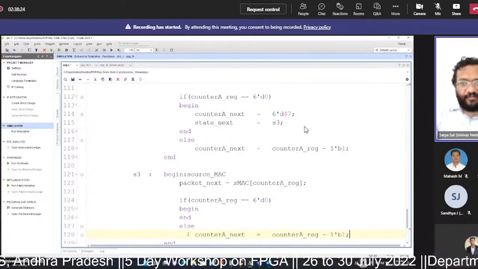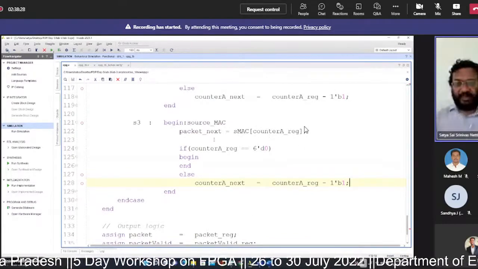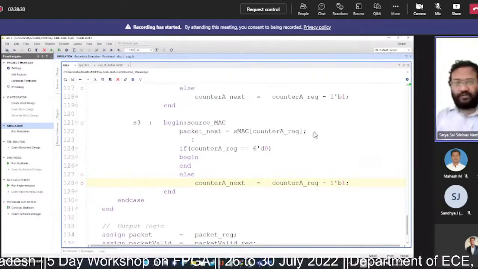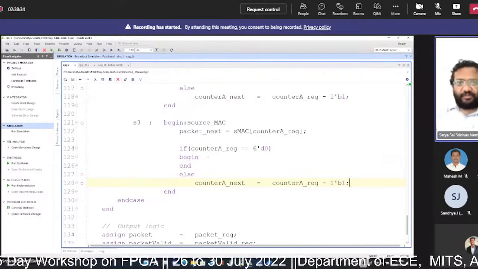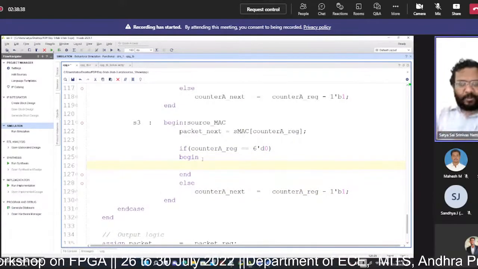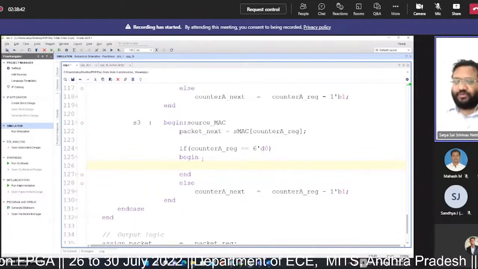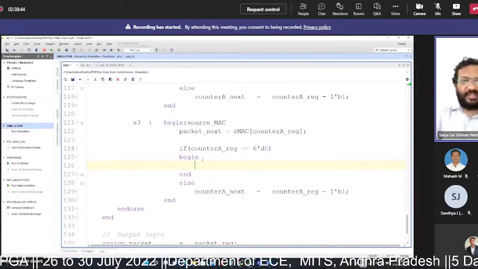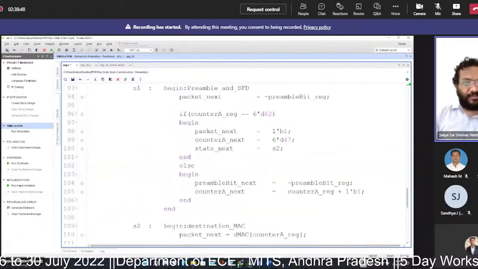Same as earlier, 1 bit from the SMAC address is read and serially sent out on the packet output. So this is how it looks. Once the source MAC address bits are also sent out, we are supposed to switch the state. We have to jump to the next state, maybe S4.